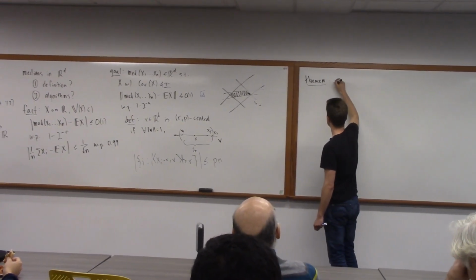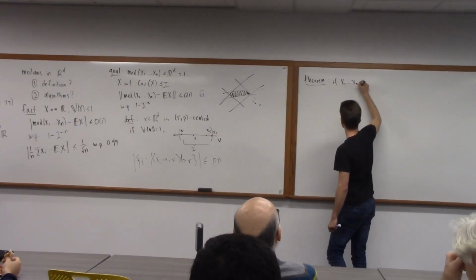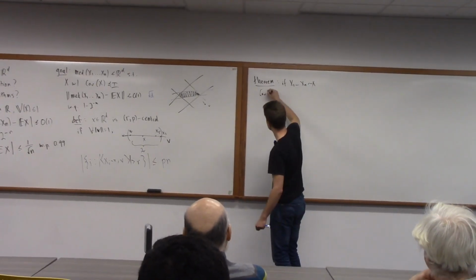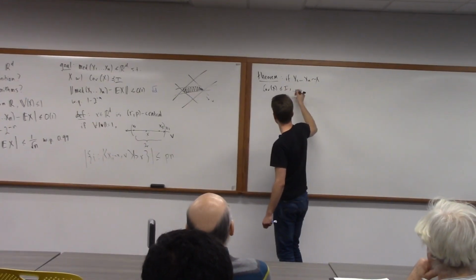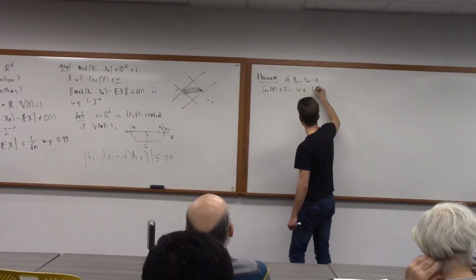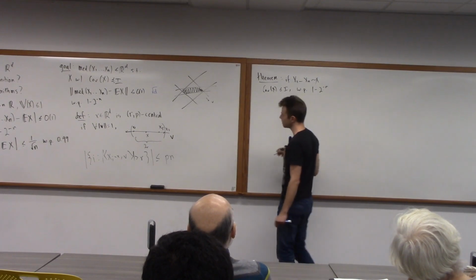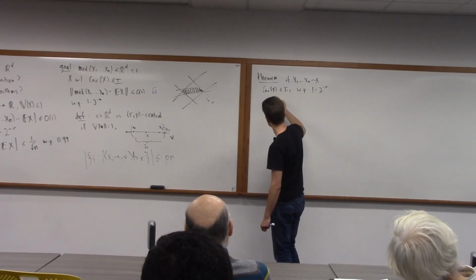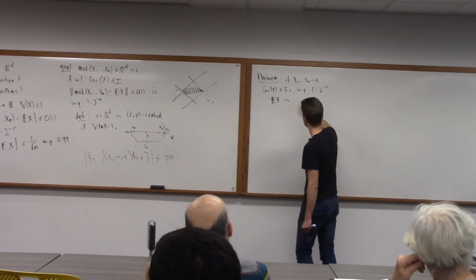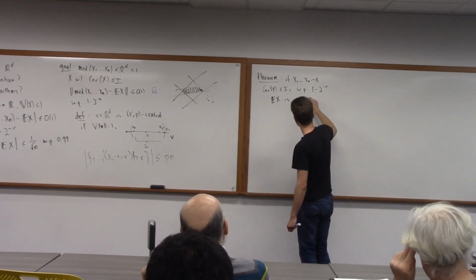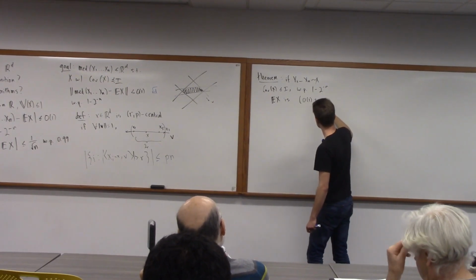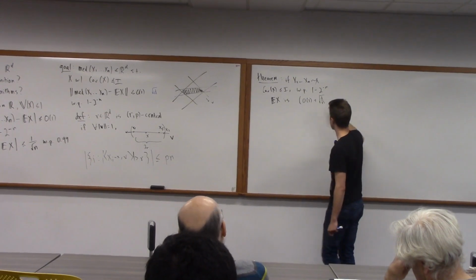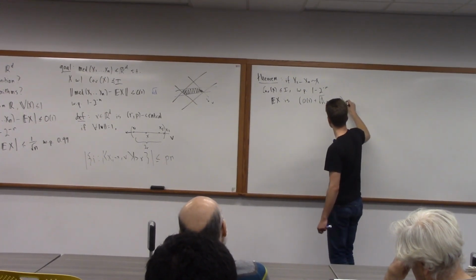If x1, ..., xn are IID copies of some random vector x with covariance at most identity, then with probability 1 minus 2 to the minus n, the mean of x is, you need this, order 1 plus something decaying with n, square root of d over n, 0.01 central.